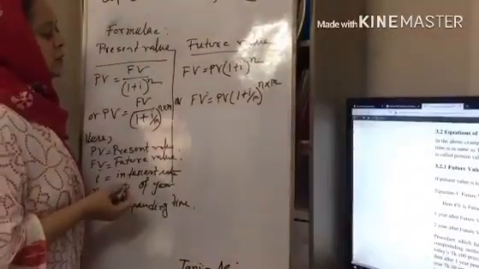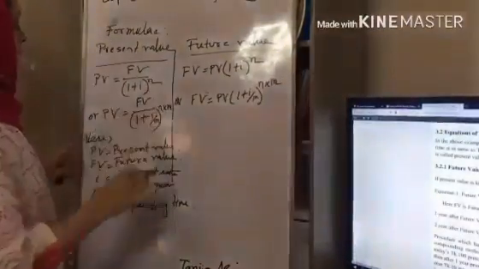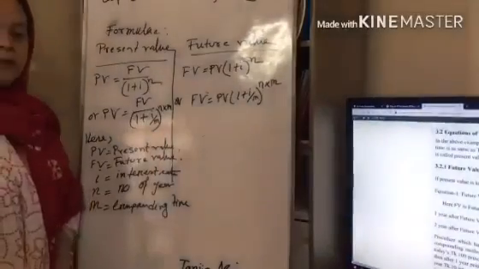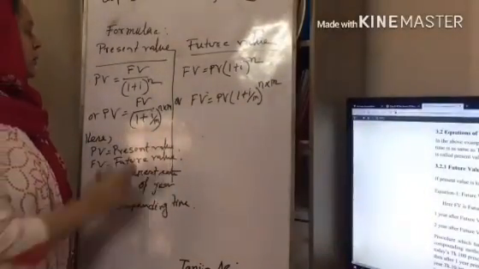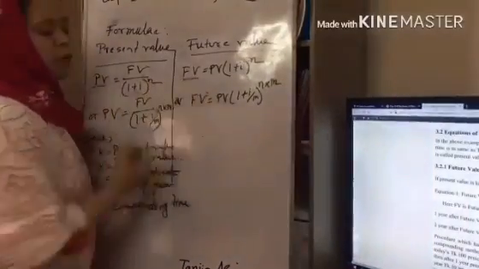Present value is multiplied by all these components. All these are the formulas of time value of money, and we can find the present value through this formula, and the future value through this formula.